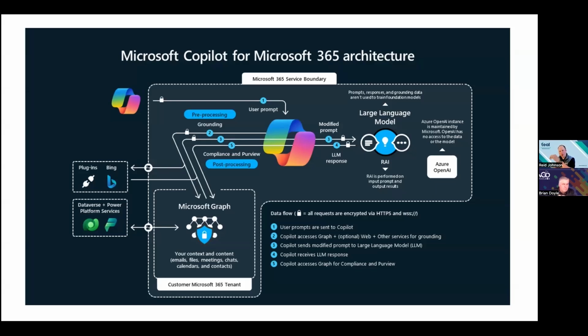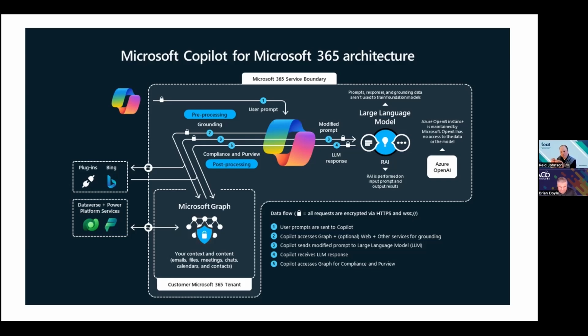That prompt is going to go into your Copilot, and it's going to get pushed over and interact with the Microsoft Graph. There's a process called grounding, and that grounding process is really where the graph provides extra context to your prompt to make it easier for the AI to interact with.